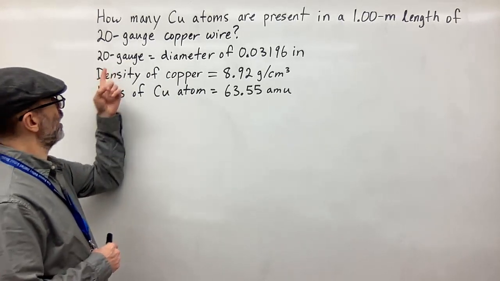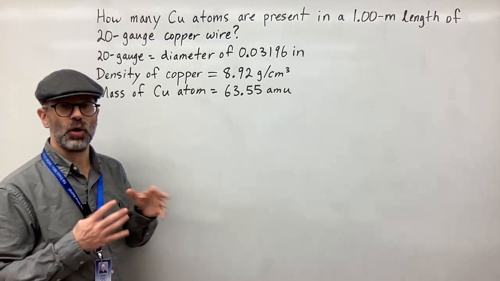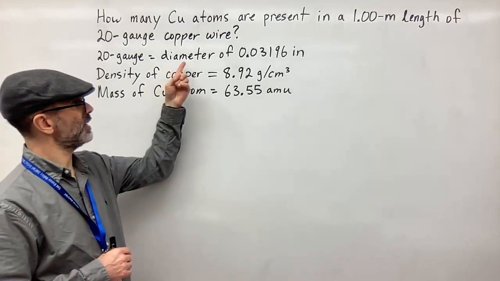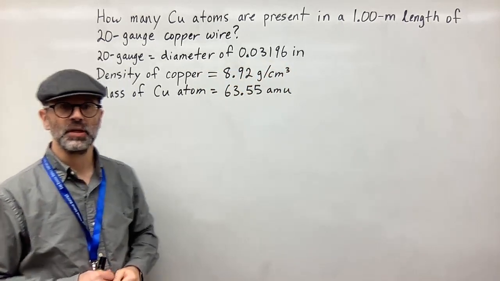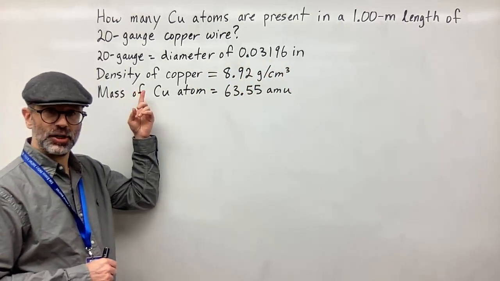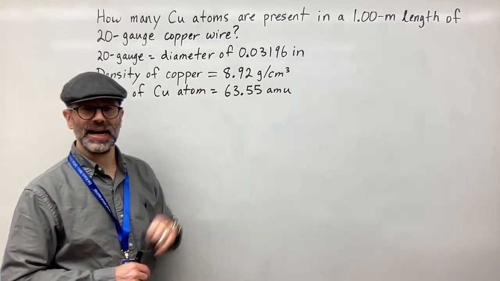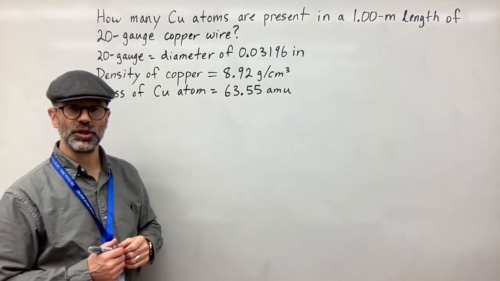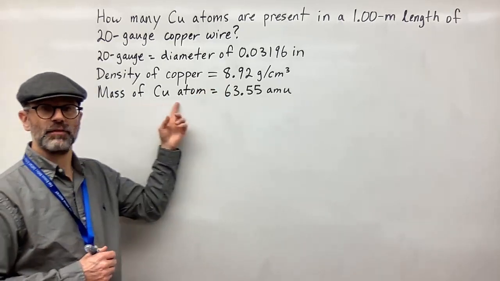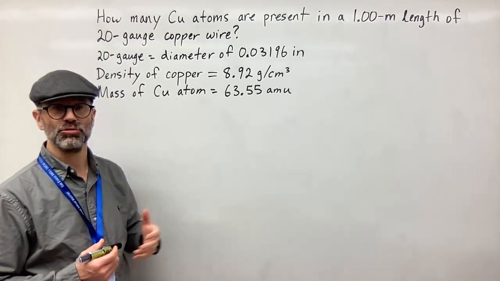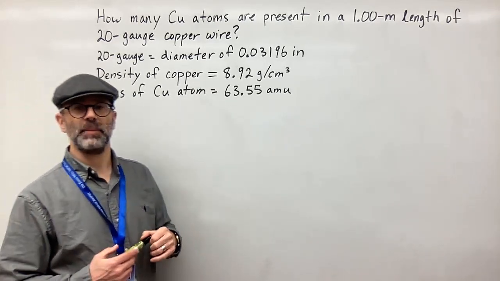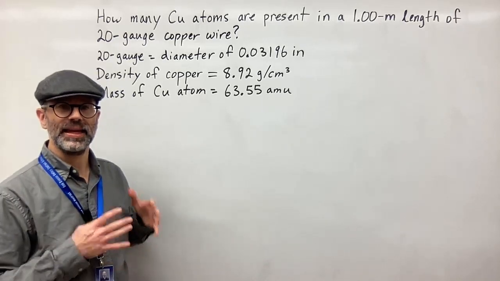First, 20 gauge means that you've got a diameter of 0.03196 inches. The density of copper is 8.92 grams per centimeter cubed, and the mass of a copper atom is 63.55 AMUs. So how can we use this information to help us calculate the atoms?